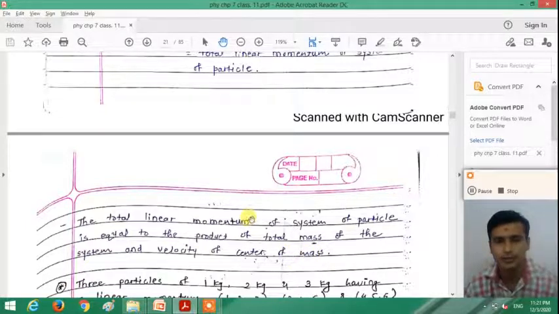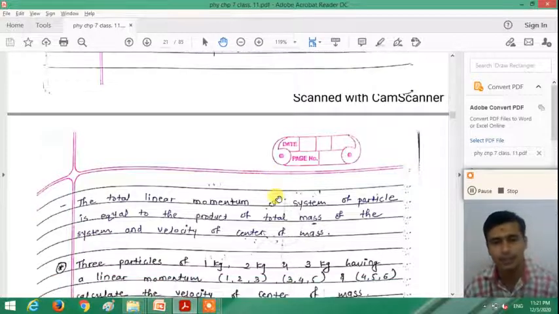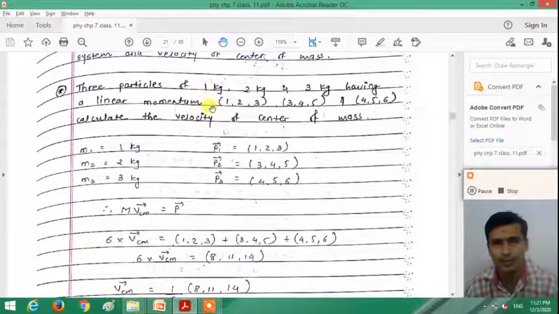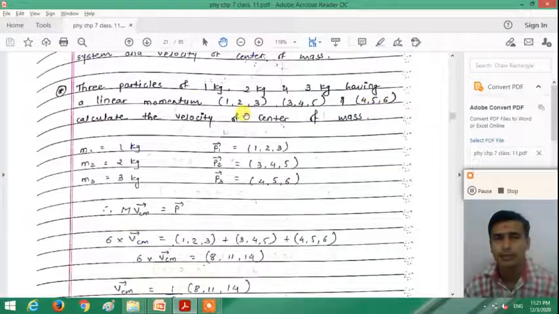With the same, we take one example to calculate the velocity of the center of mass, right? Here three particles of mass 1 kg, 2 kg and 3 kg have the linear momenta (1, 2, 3), (3, 4, 5) and (4, 5, 6). Here the linear momentum is in the unit kg meter per second. Calculate the velocity of the center of mass.